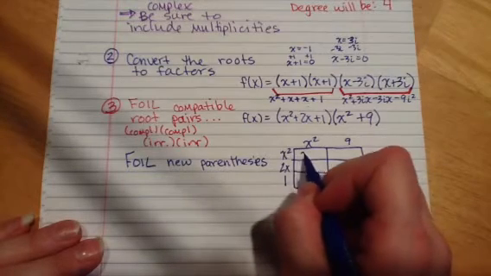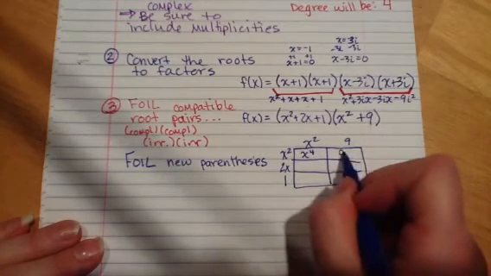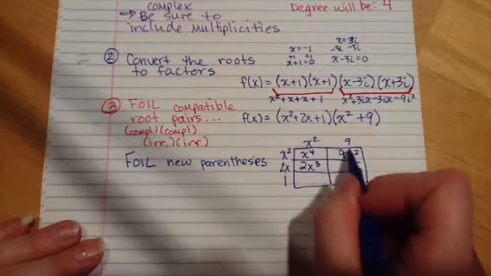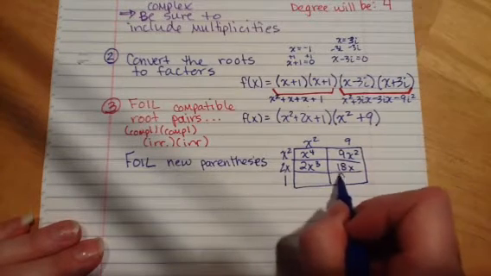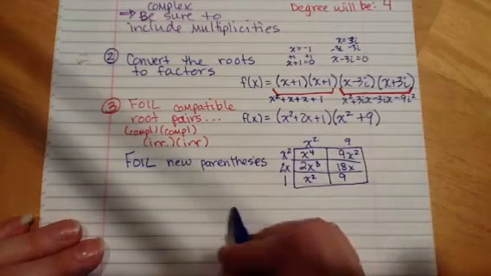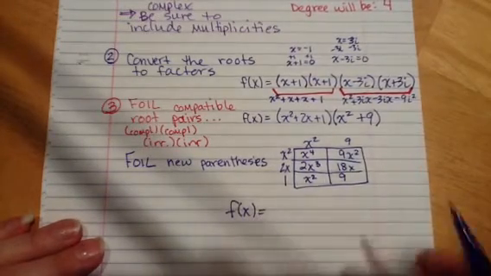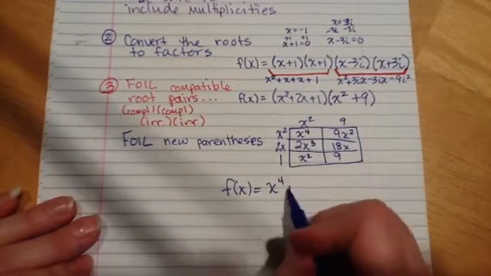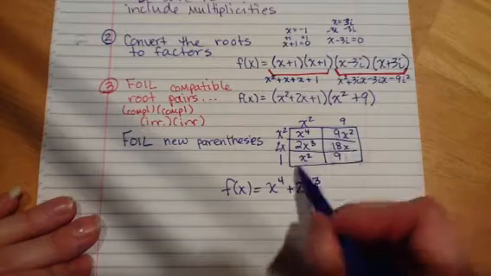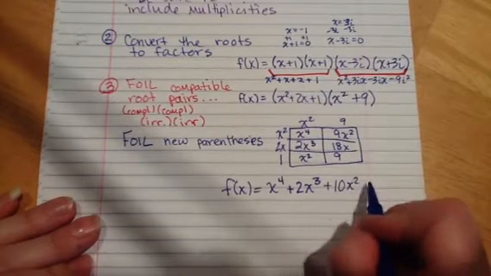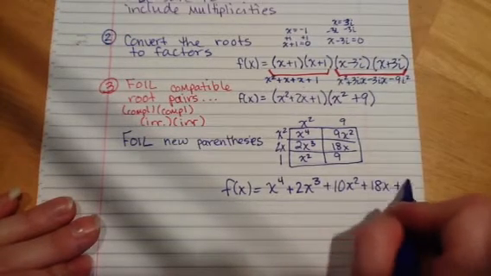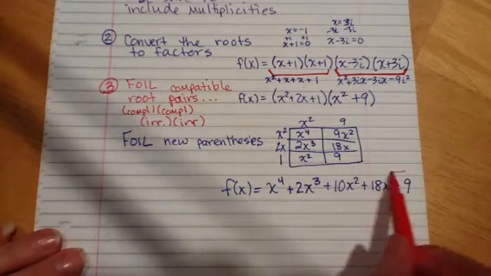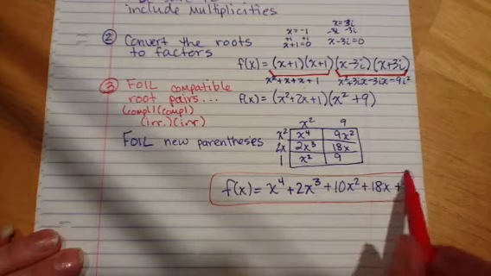And I get x squared times x squared is x to the fourth, and then 9x squared here, and then 2x cubed, and 18x, and 9, and x squared. So my final function will be x to the fourth plus 2x cubed, and then 10x squared plus 18x plus 9. And you always want to write that in standard form if possible.